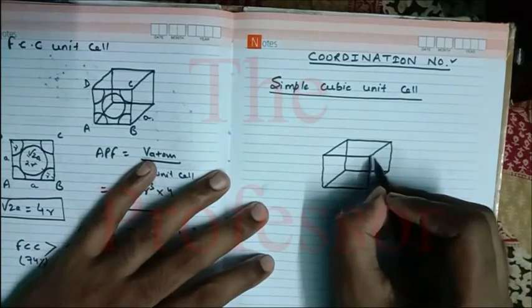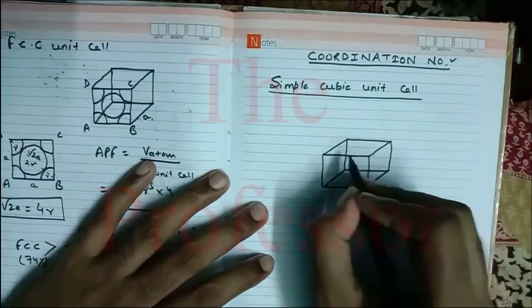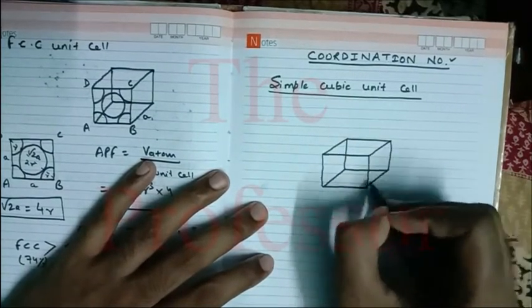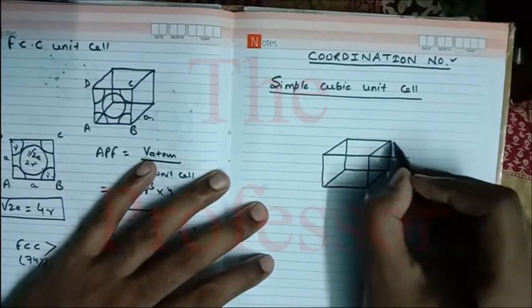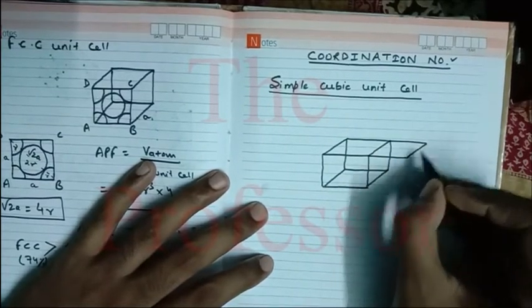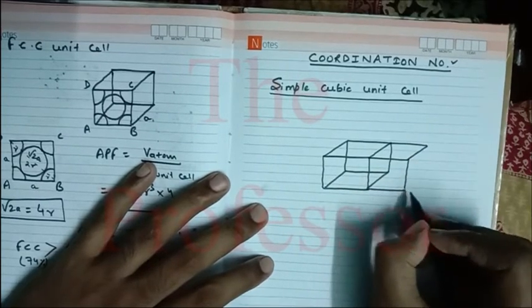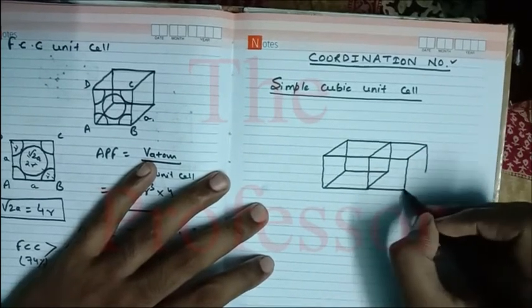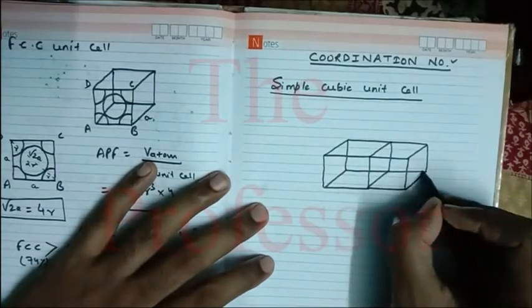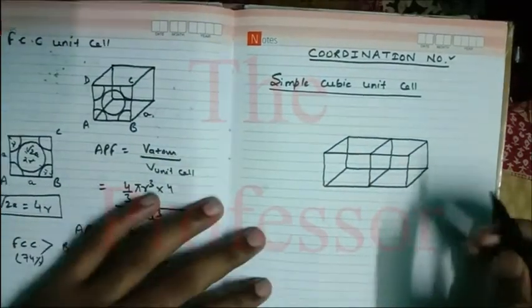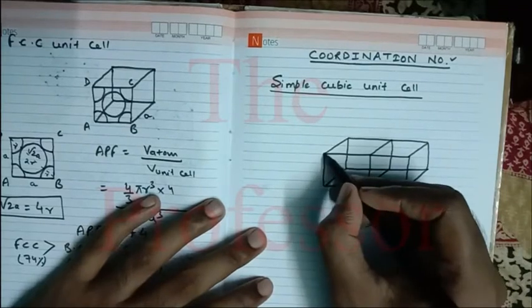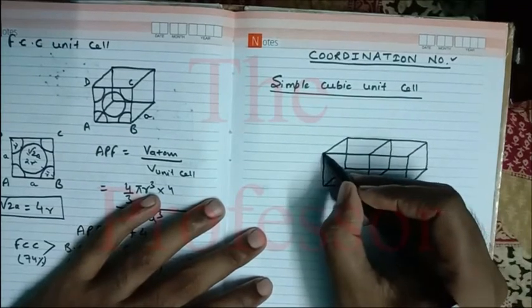So let us draw the unit cell which is just in contact with this particular face. See, we are also having one atom which is just in contact with this particular front face.